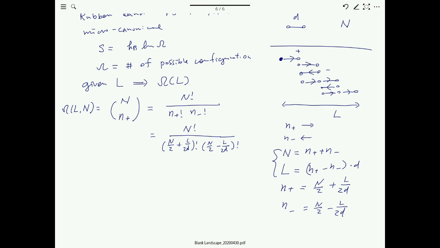Okay, so the entropy is nothing but the Boltzmann constant multiplied by the log of the omega function.